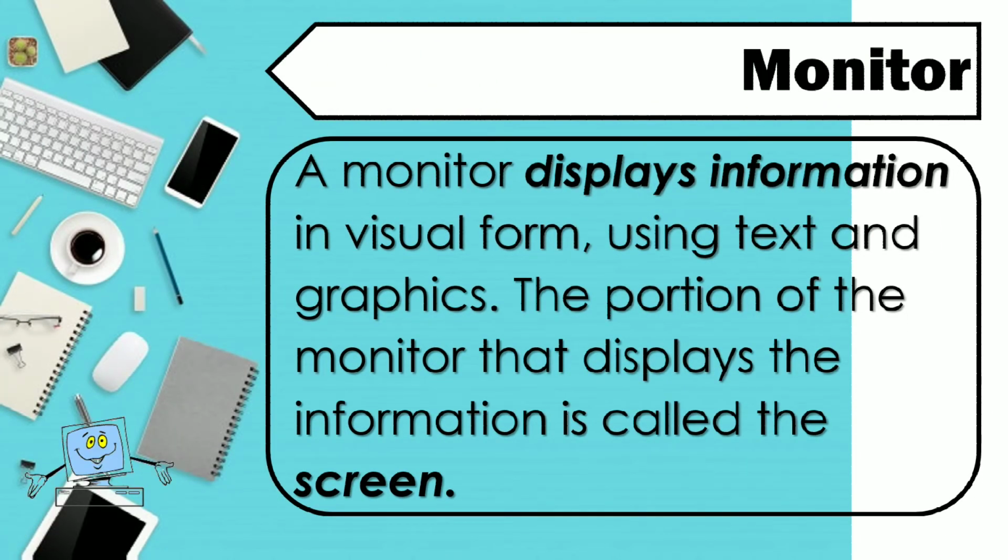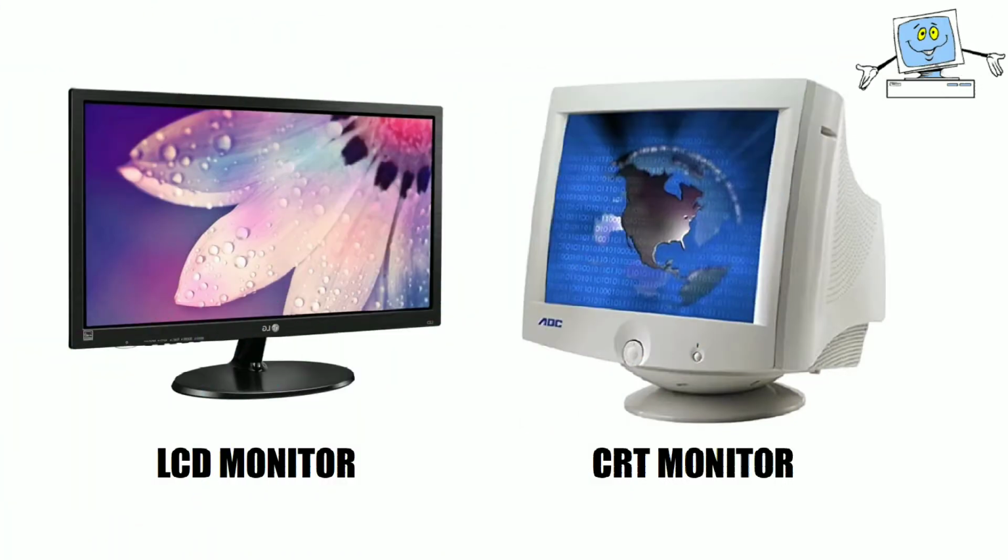Monitor. A monitor displays information in visual form using text and graphics. The portion of the monitor that displays the information is called the screen. Like a television screen, a computer screen can show still or moving object. Monitor has two basic types.